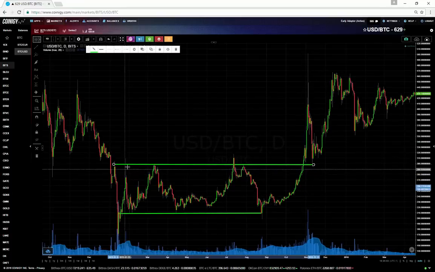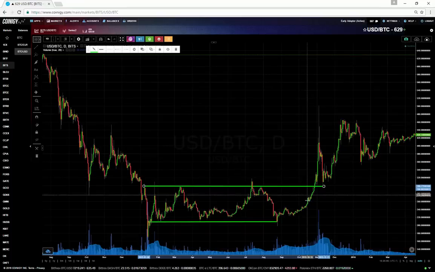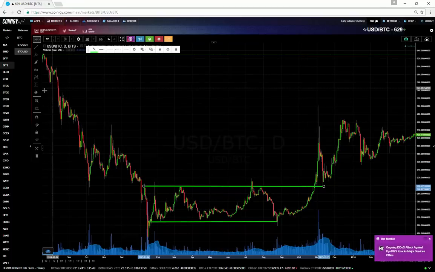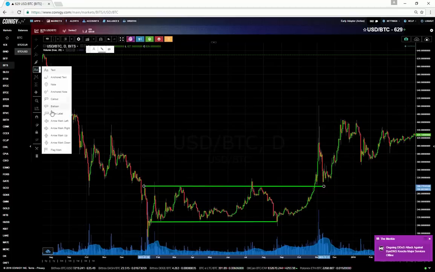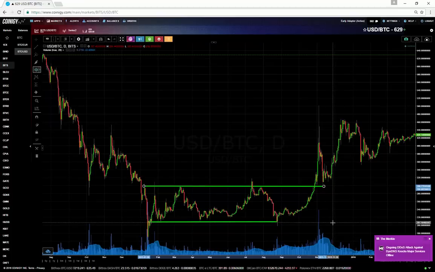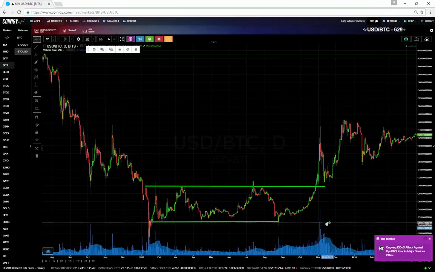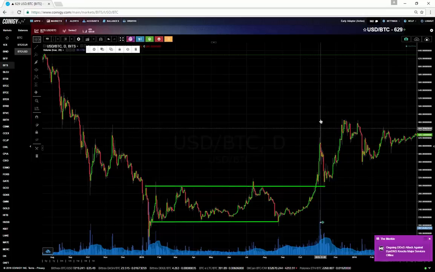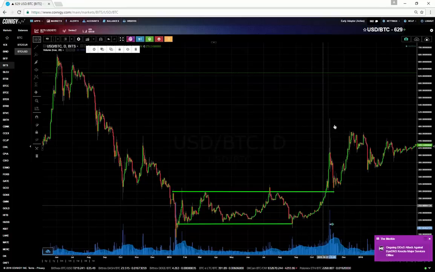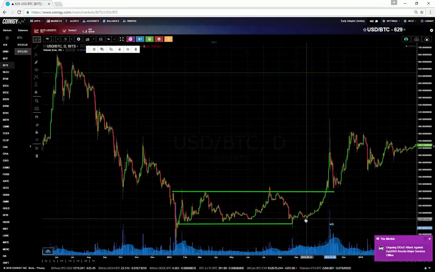For example, you see this range here, resistance is 300 USD, and the price gained enough volume and momentum to create a breakout. As we can see right here, we had a lot of volume coming in, and therefore the price broke out and hit a new range. So this kind of created a new bull trend.